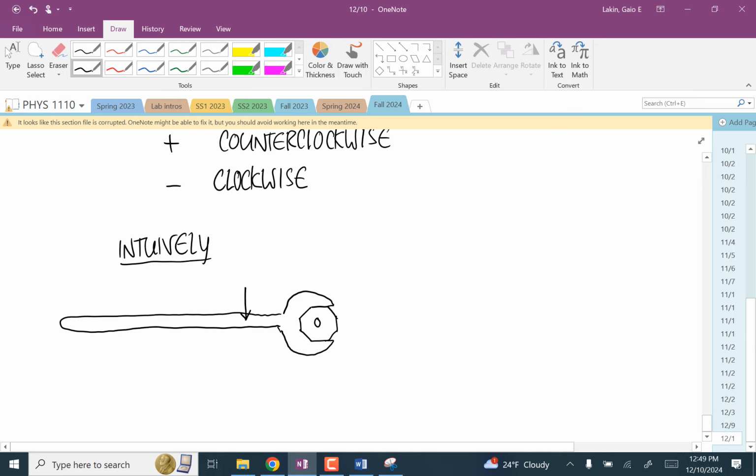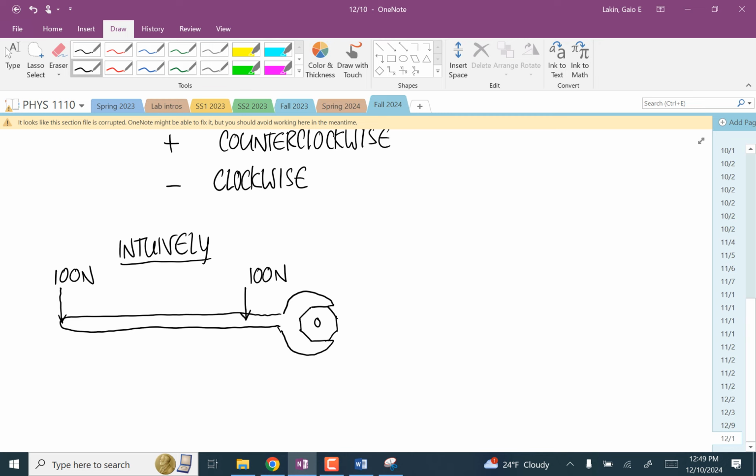Would you have more luck unsticking this bolt by applying 100 newtons of force here, or 100 newtons of force here? At the end. Yeah, and you've seen the big wrenches that they use for really stuck things. It's just so that you can apply your force as far as possible away from the bolt.